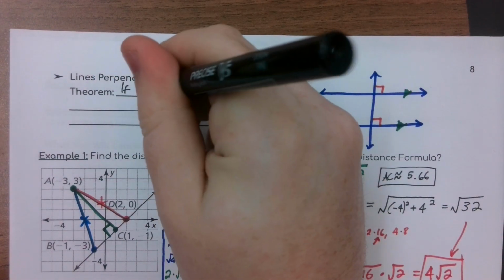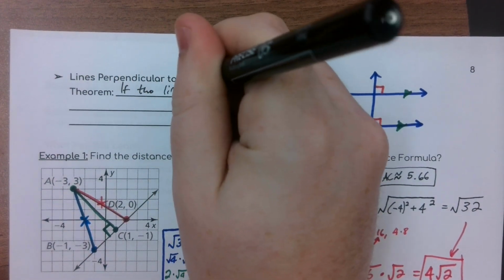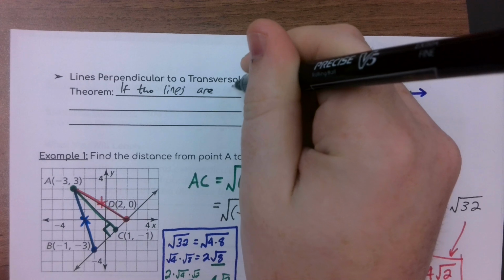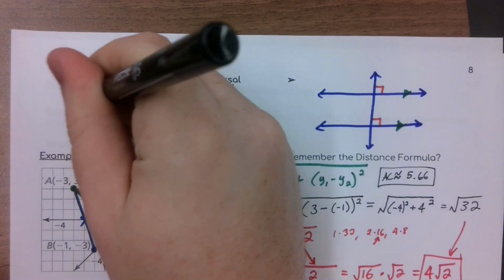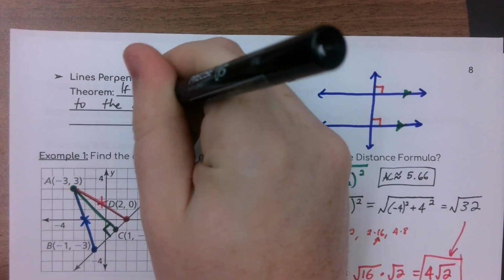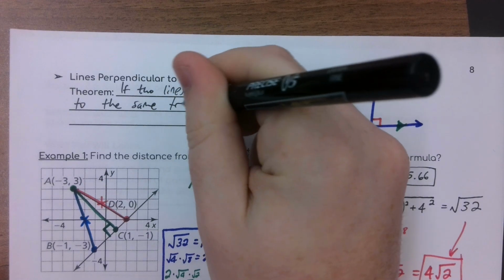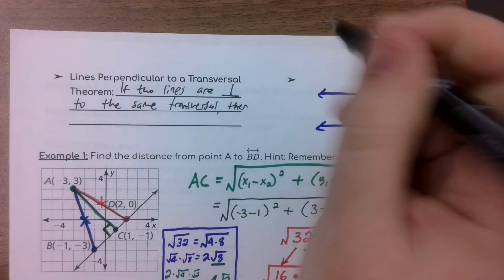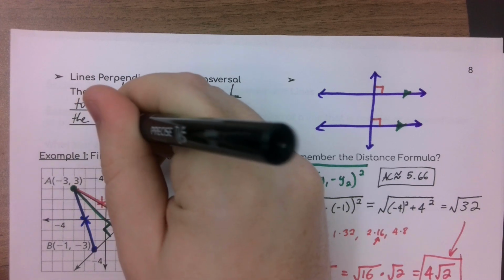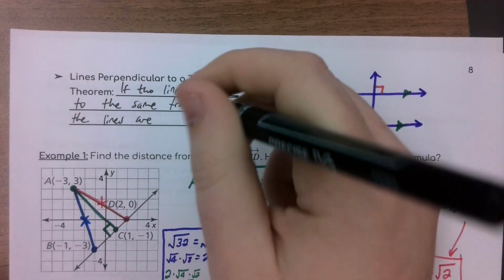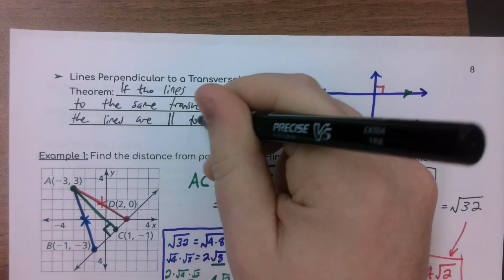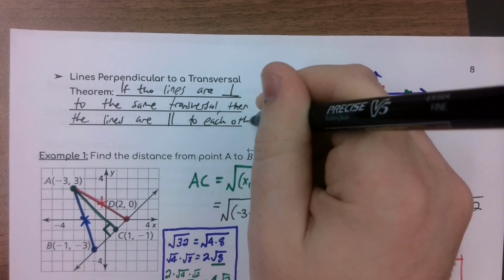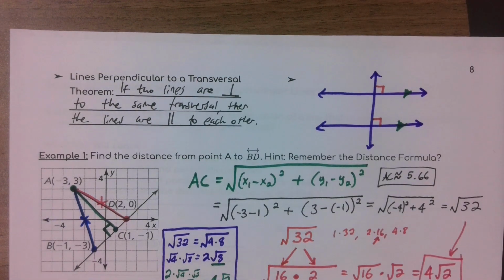So if two lines are perpendicular to the same transversal, then the lines are parallel to each other. Done and done.